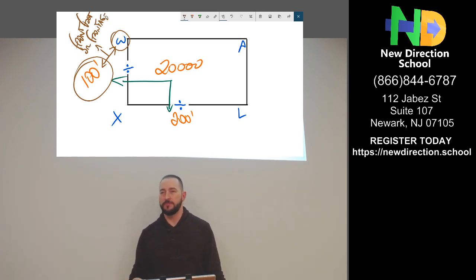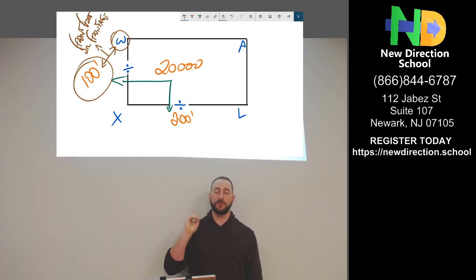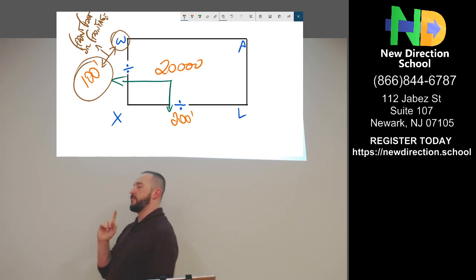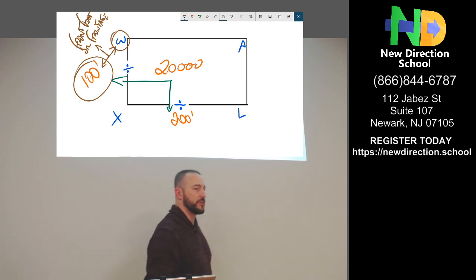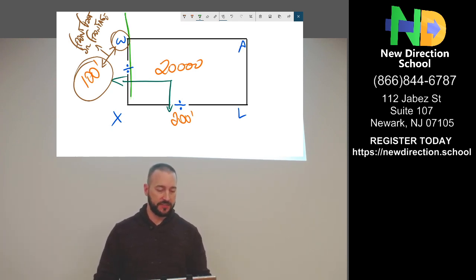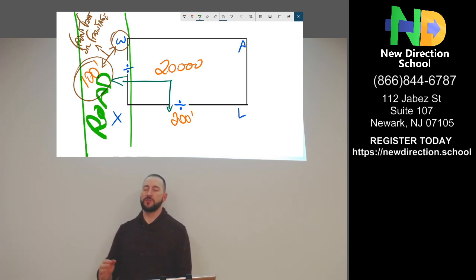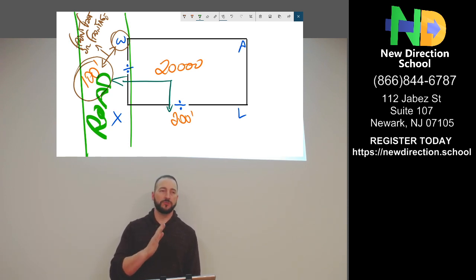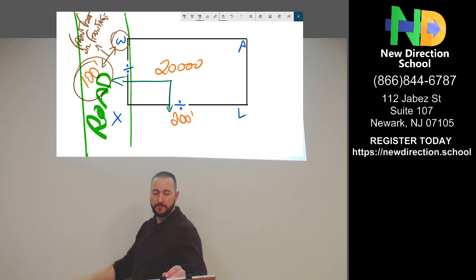So every time they say 100 by 200, the first number is always the width, the front foot, the frontage. What does frontage mean? It means that this right here is the road, the front of the lot. So when you draw something, make sure the first number always goes to the frontage, right here. First number, always.